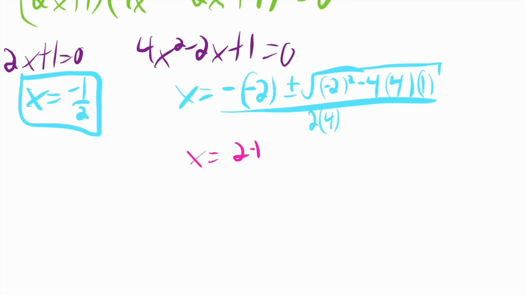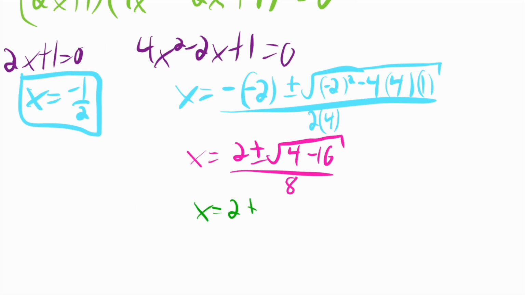So that's x equals 2 plus or minus the square root of 4 minus 16 all over 8. And so that's x equals 2 plus or minus the square root of negative 12 all over 8. The square root of negative 12 does simplify into the square root of 4 and the square root of 3 and the square root of negative 1.